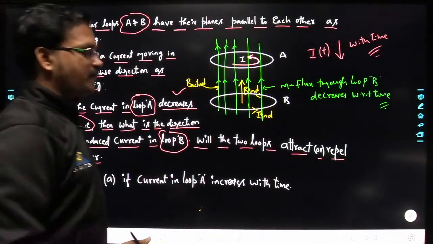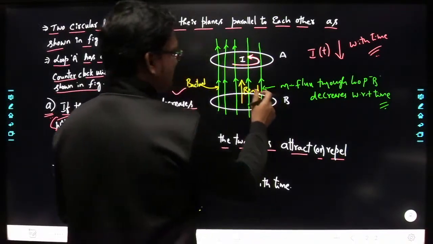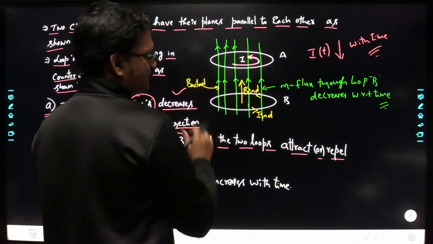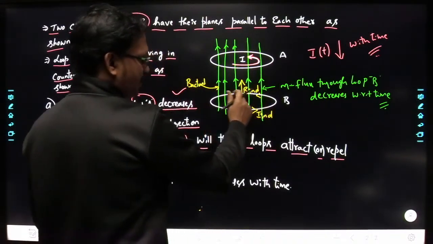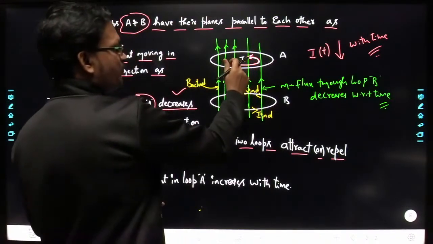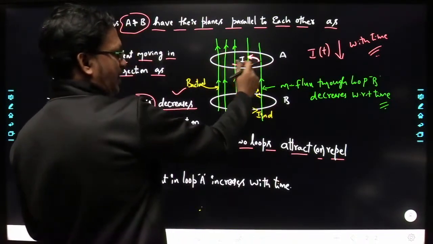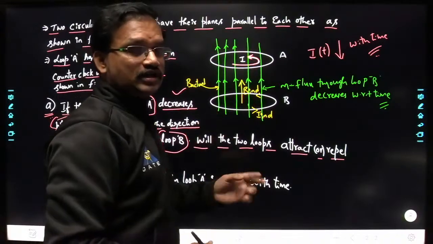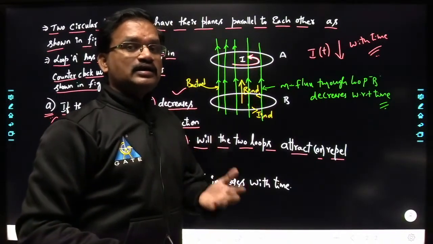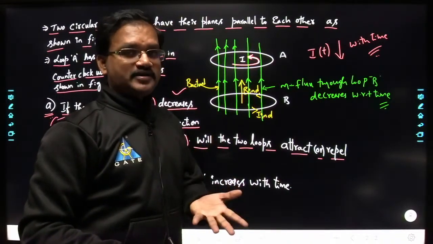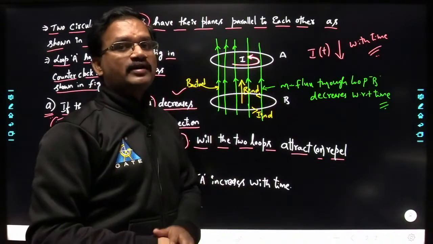Understood? Now if you observe here, the current is flowing in anti-clockwise direction in loop B. In loop A also the current is flowing in anti-clockwise direction. So we know that whenever the current is flowing in the same direction, they are going to attract each other.